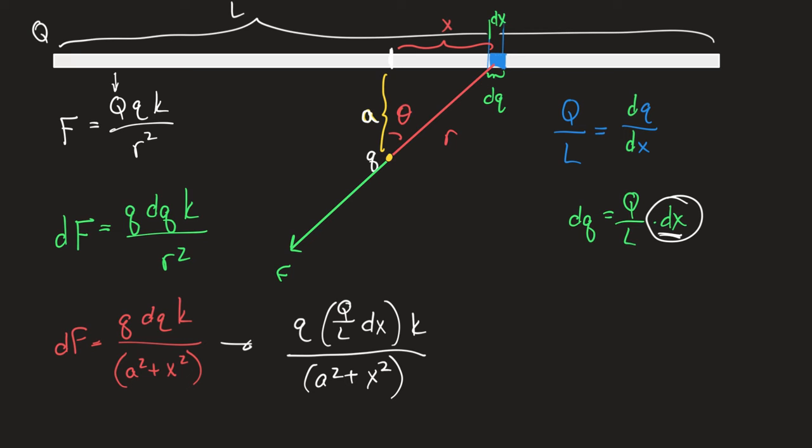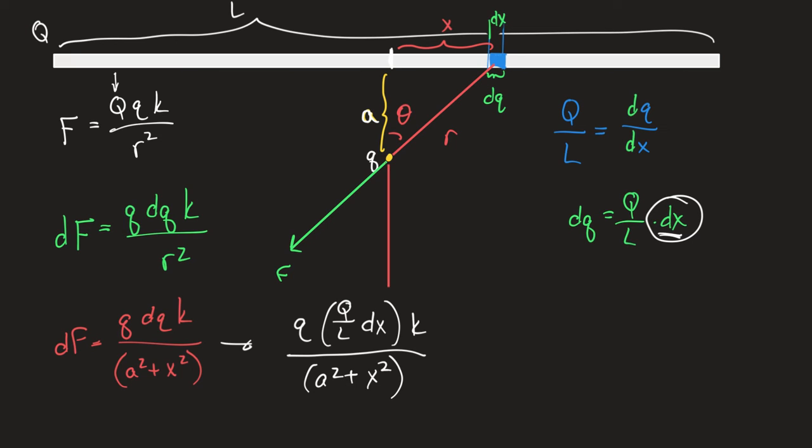Now, is there symmetry in the problem? This part is not hard, but if there is symmetry, you should probably find a way of utilizing the symmetry to make your answer more complete. I think most all of you know that the particle is going to experience a force along that red line.